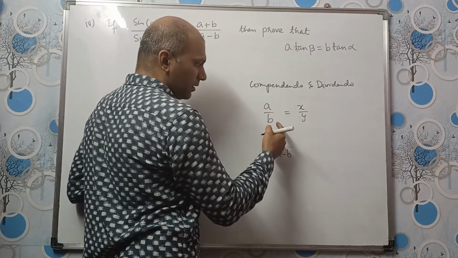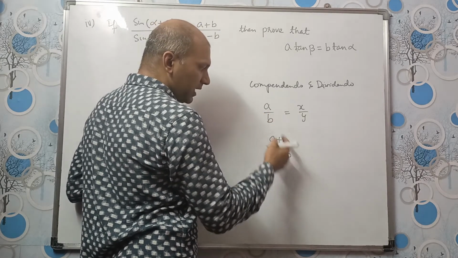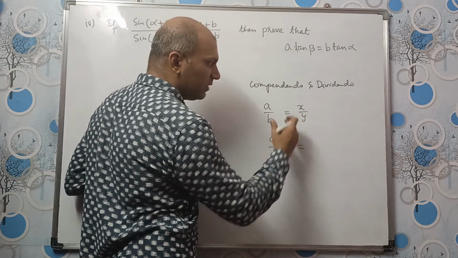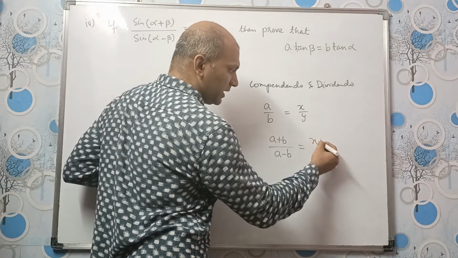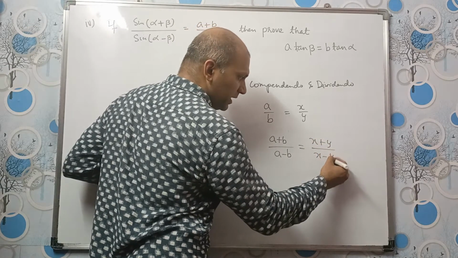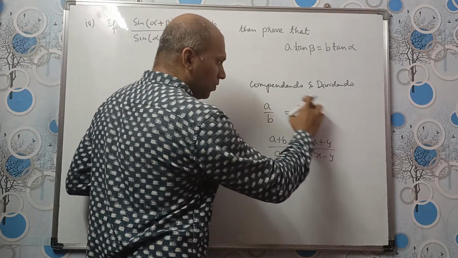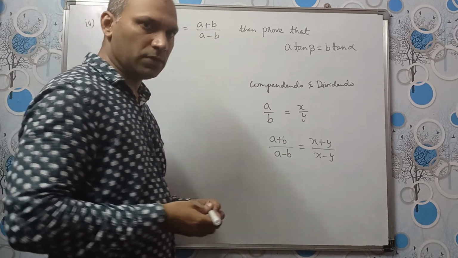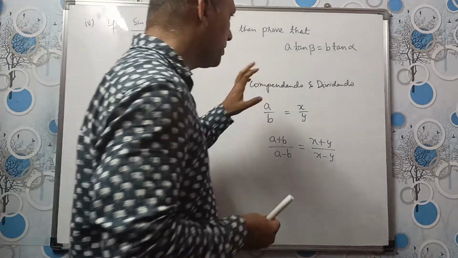So a plus b, a minus b. Whatever we do on one side, we should do the same thing on the other side. So this will be x plus y divided by x minus y. So these two will be equal. This operation is called componendo and dividendo. We use this in ratios.